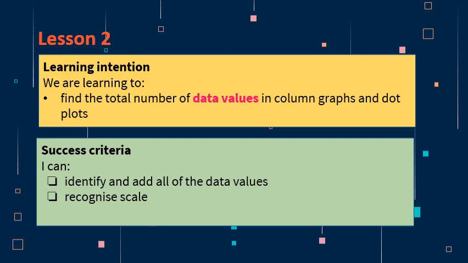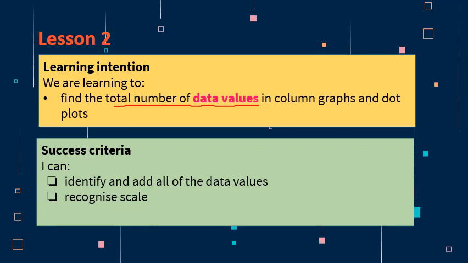So today we are learning to find the total number of data values in column graphs and dot plots. Now, when we're talking about the total number of data values, that's talking about how much data is contained in that data display, in that graph or in that dot plot.